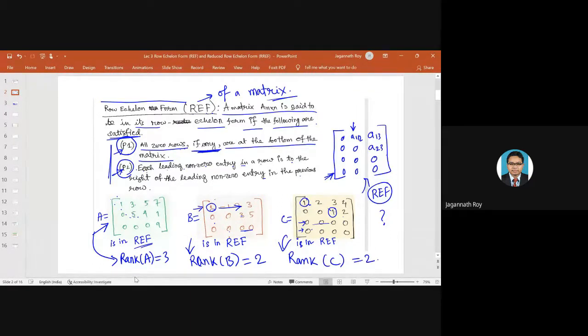So all three row vectors are independent in this matrix, but here they are not independent. Here also, not all are independent.